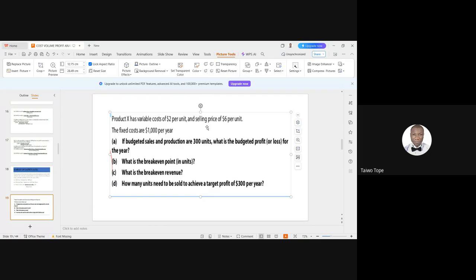So, can we solve? Break-even point. Question B: what is the break-even point in units? 2,500. What is the break-even point in units?